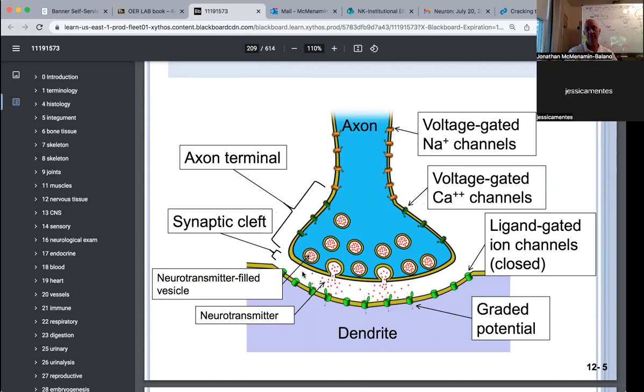Cleft just means space. And what's going to happen is the charge is traveling from the resting membrane potential. Notice they're trying to demonstrate these are different channels. They have little red balls here for sodium voltage gated channels, and the green ones here for calcium voltage gated channels. Well, what happens is the charge opens voltage gated calcium channels, just like we saw in the lower motor neuron. That calcium being brought in allows for neurotransmitter to be released.